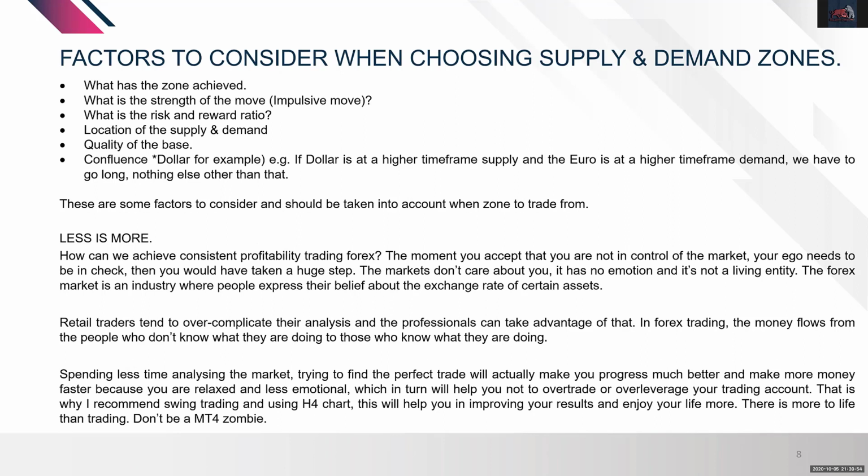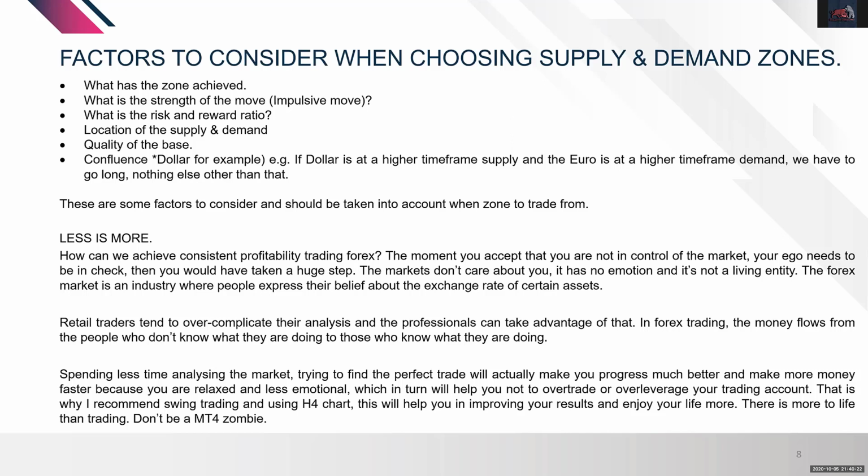So what factors do you have to consider when choosing supply and demand zone? Number one, what has the zone achieved, right? This is basically you trying to come to a conclusion whether the level has been respected, or how many times has it been tested, or how many times has price gone back to that supply or to that demand level.